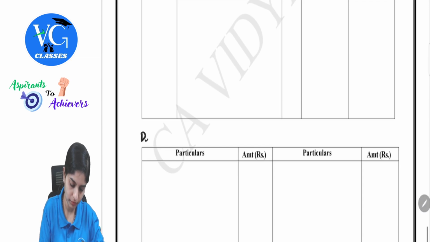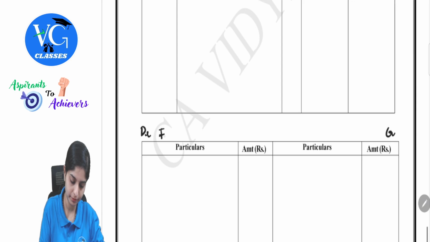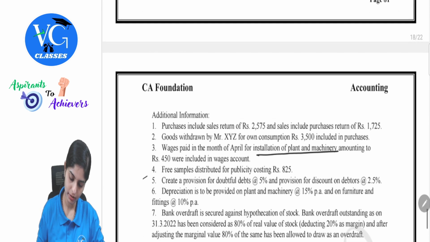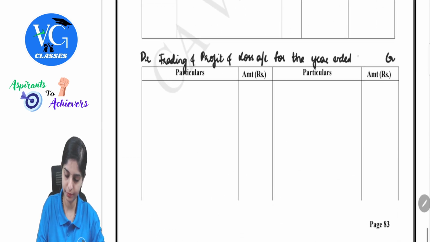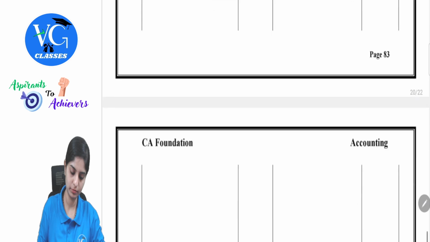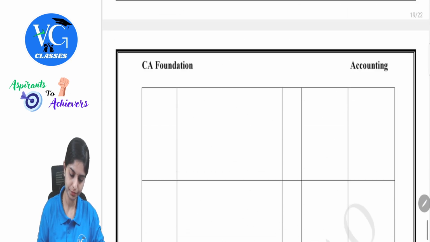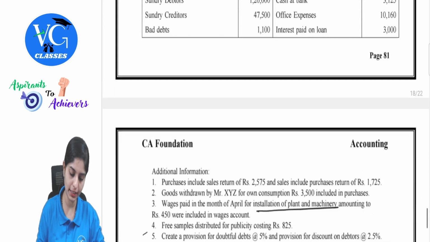First, debit, credit, trading and profit and loss account for the year ended 31st March 2022, and then balance sheet as on 31st March 2022. So the first item we saw was plant and machinery 19,550.